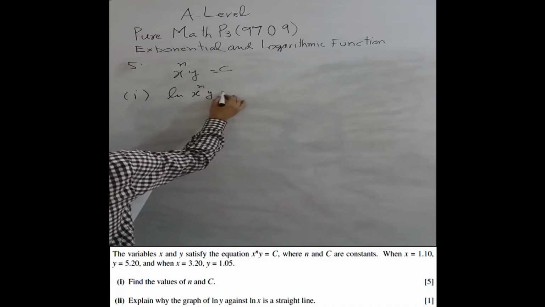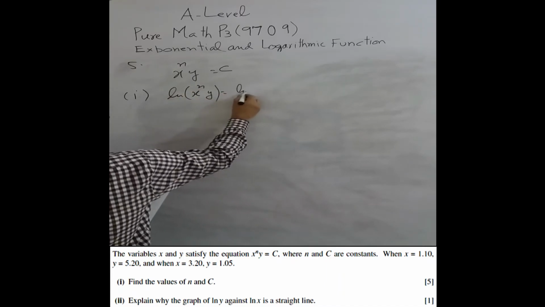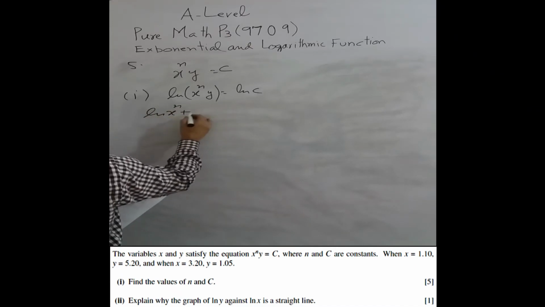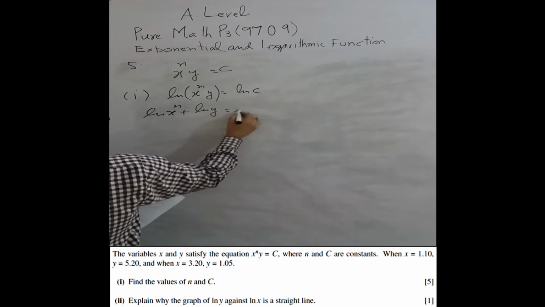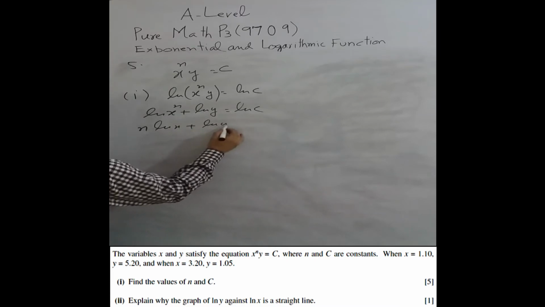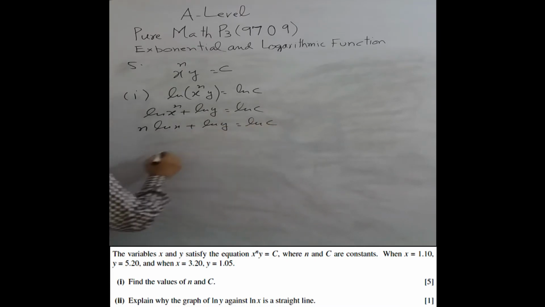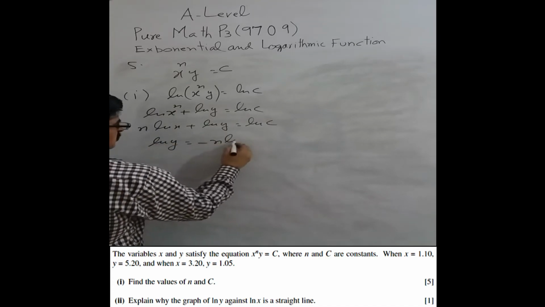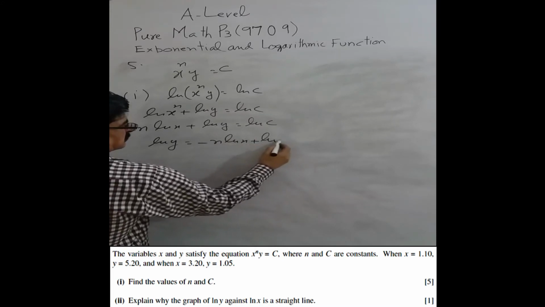Now taking log on both sides, applying the product rule, power rule of log, ln y is equal to minus n ln x plus ln c.